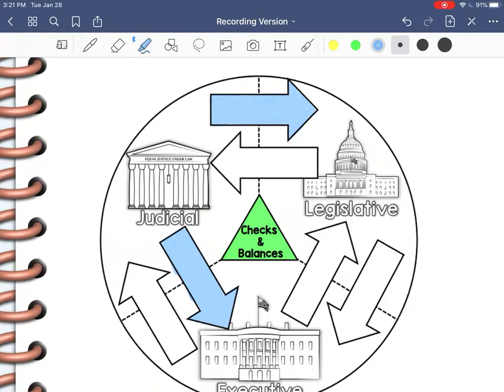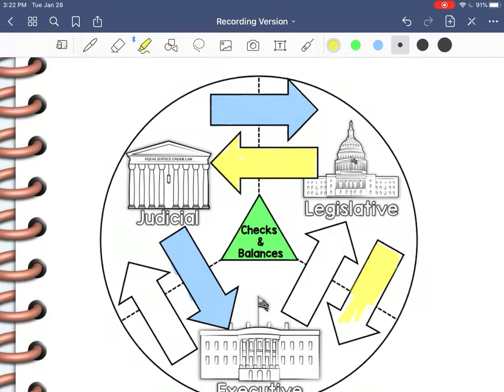Okay, let's get a yellow pen and color this arrow. So the legislature has some power over the judicial branch. Okay. And the legislature also has some power over the president.